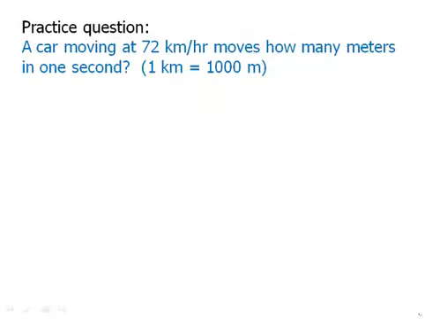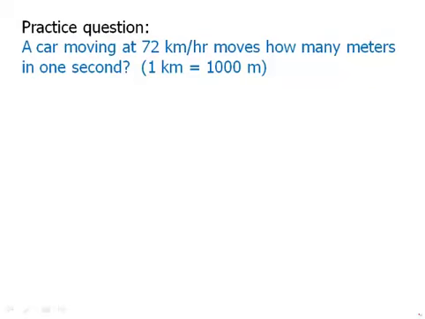Here's another question. Pause the video and then we'll talk about this. A car moving at 72 kilometers per hour moves how many meters in 1 second? So we're told that 1 kilometer equals 1,000 meters. Well, we also have to change hours to seconds.